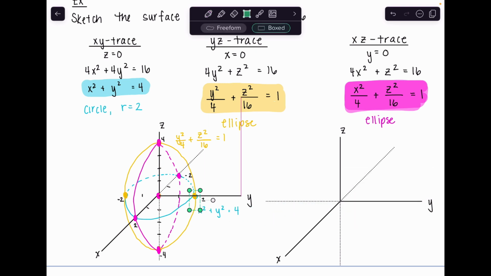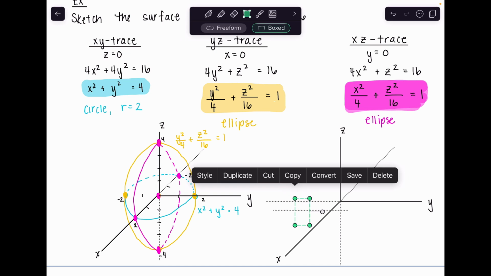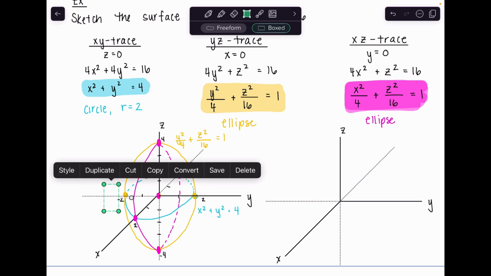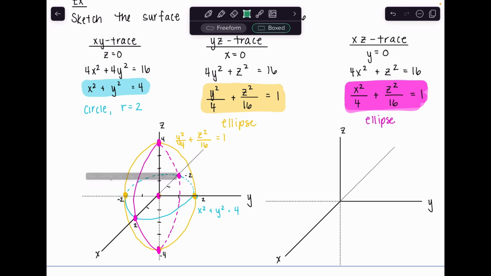And now we can go ahead and add the y-axis back in. And I have my three-dimensional image of this ellipse, okay, or this surface. So the nice thing though, to kind of just give you an idea of our future, if you go ahead and you slice this ellipse at any plane parallel to the XY axis, that image that's on there is always going to be a circle.